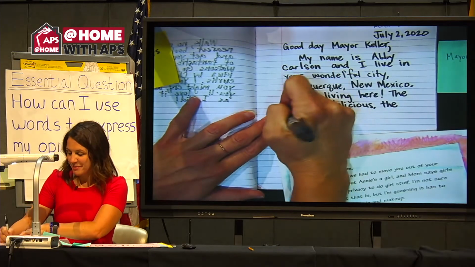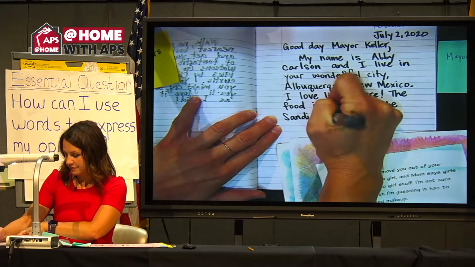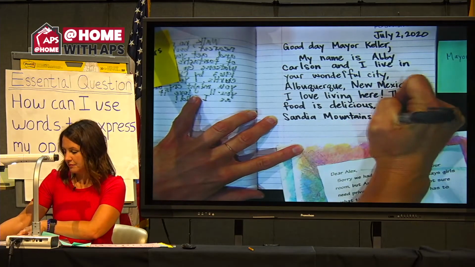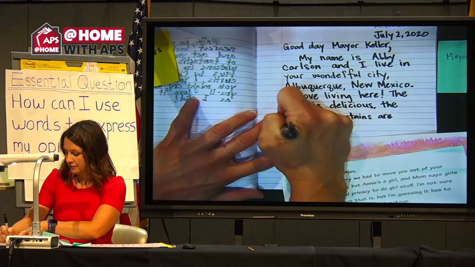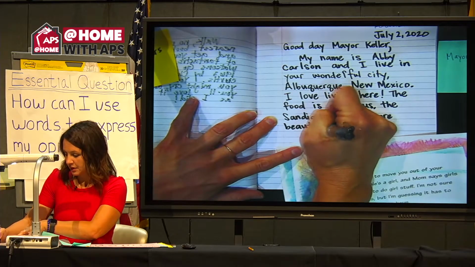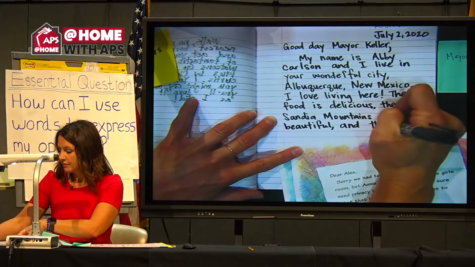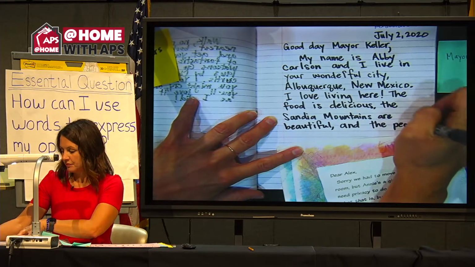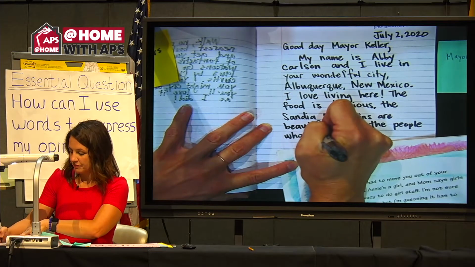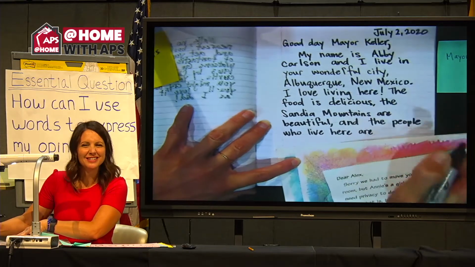The Sandia Mountains are beautiful. And let me give a really big compliment now, comma. And the people who live here are the best in the world.